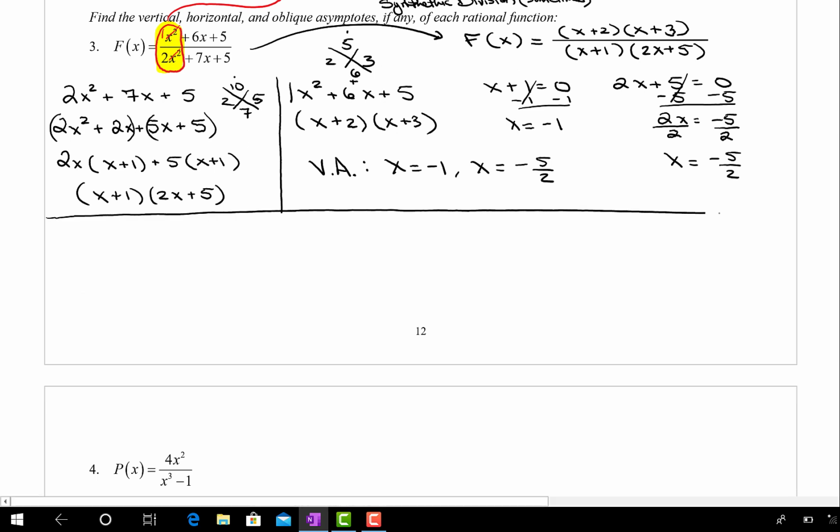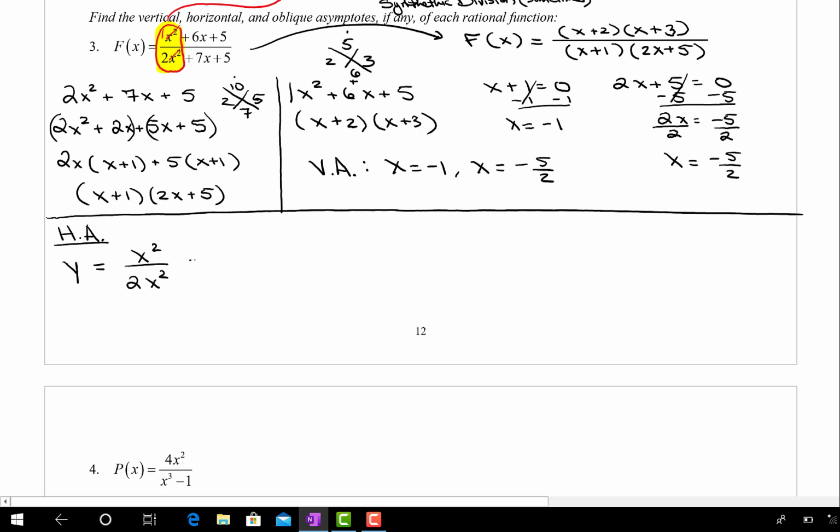So this is going to be our horizontal asymptote. We had y basically equal to x squared over 2x squared.